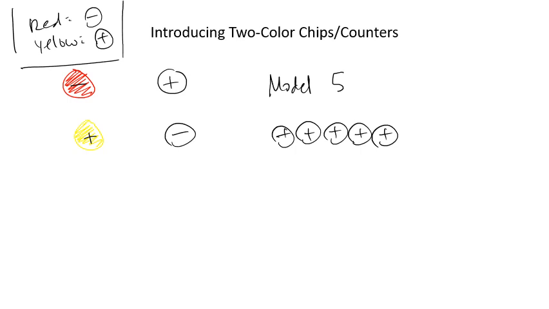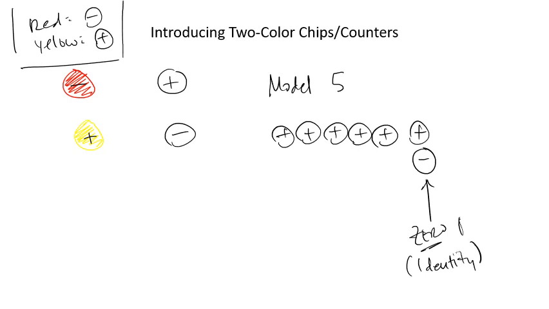Anyway, so here's my +5, and then it's really important that we establish that this is not the only way to make a +5. I could also make it like this. And so we have to introduce this 0, my identity.